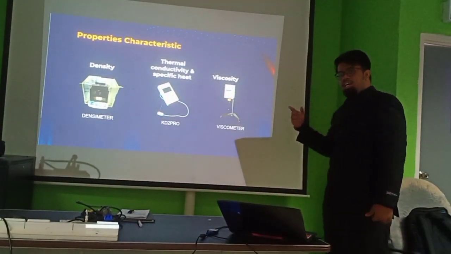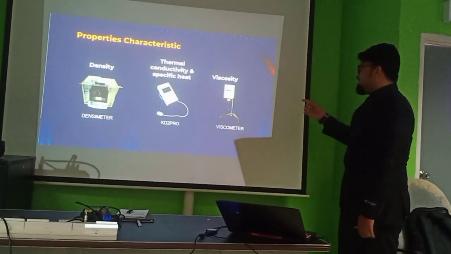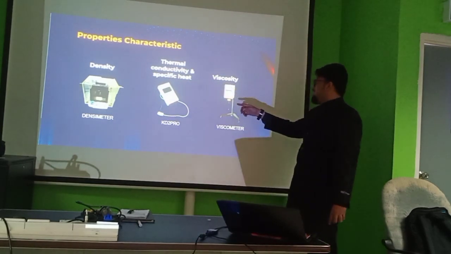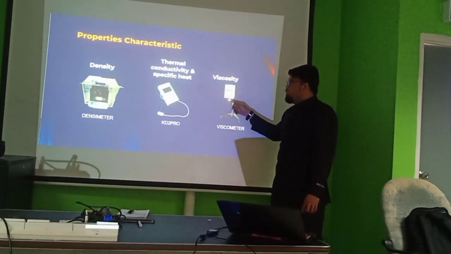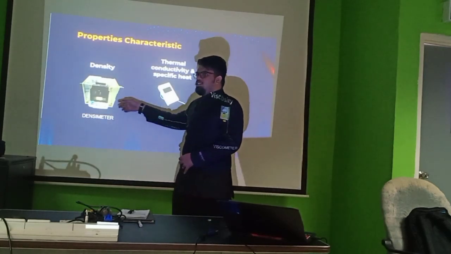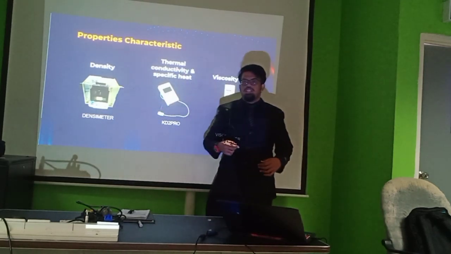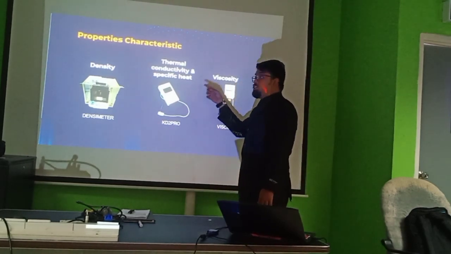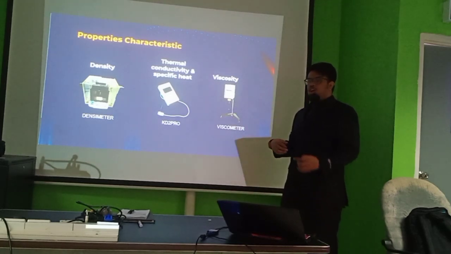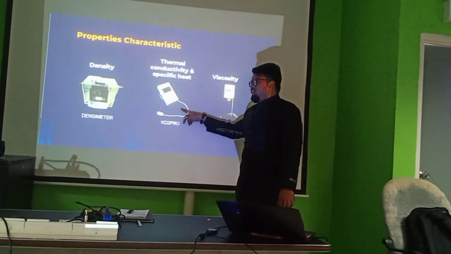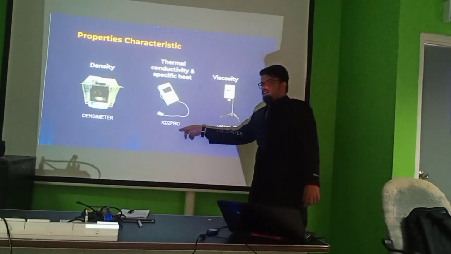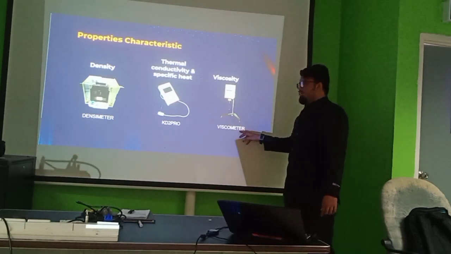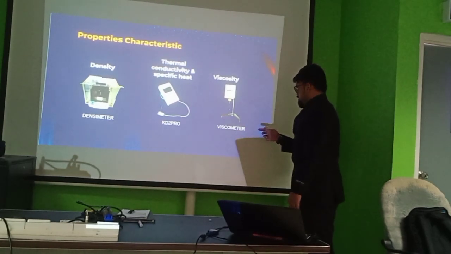But later, at the end of the study, to get the density, thermal conductivity, specific heat, and viscosity, we use this densitometer to calculate the density of the nanofluid. The thermal conductivity and specific heat we can obtain by using this equipment, called the KD2 probe, and this is a viscometer to find the viscosity value.